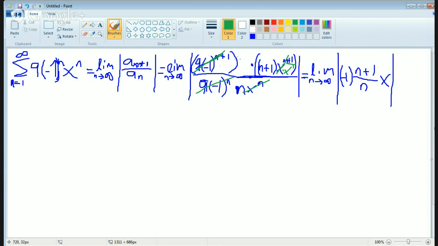And that's how, and of course, the plus 1. So -1 to the power of 1. Okay, so that's how you got -1 at the left, and then n plus 1 over n.